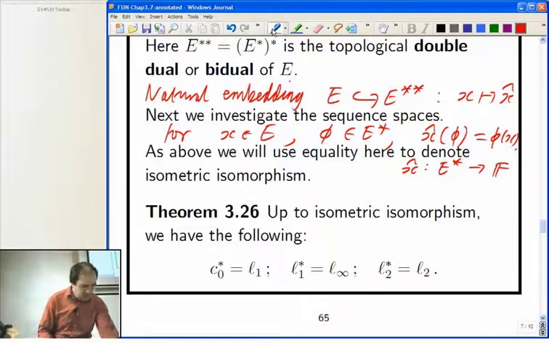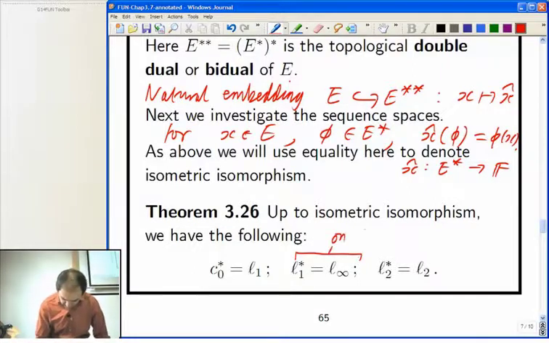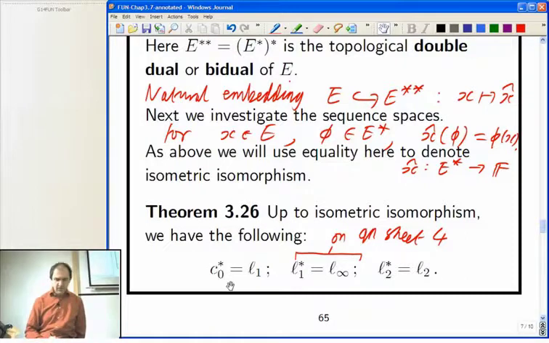So that's on question sheet 4. So we're going to do the first one in full. The second one's on question sheet 4. And I'll say a bit about the third one, but won't do it in full detail.